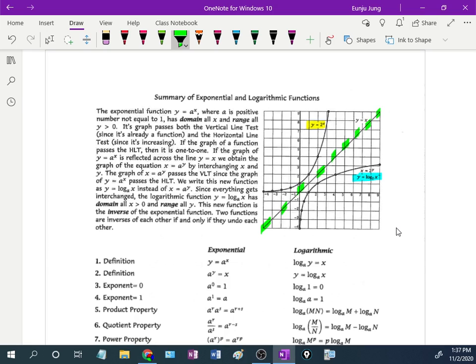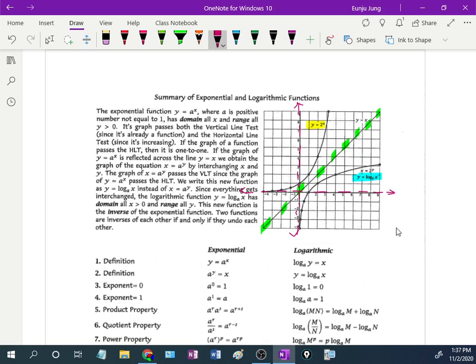What is the meaning of y equals x? We swap x and y. When we switch the x and y variables, this graph, which had a horizontal asymptote, goes the reverse way, and then we now have a vertical asymptote for the logarithmic function.